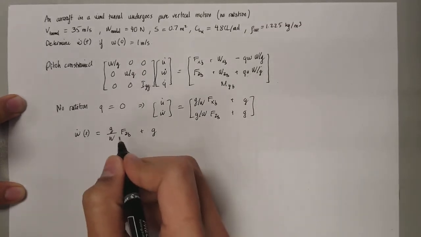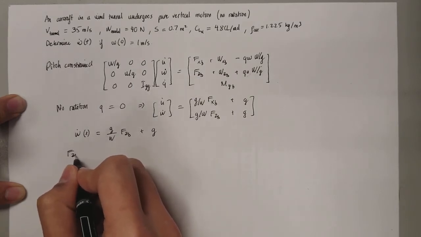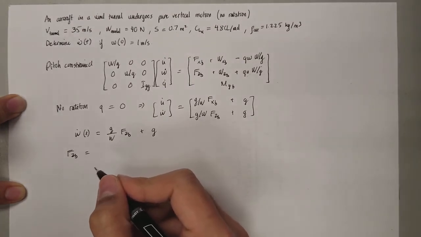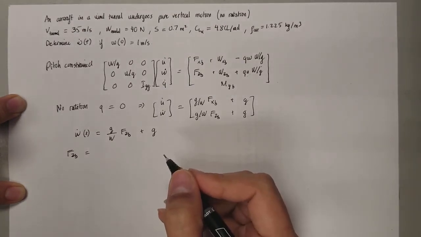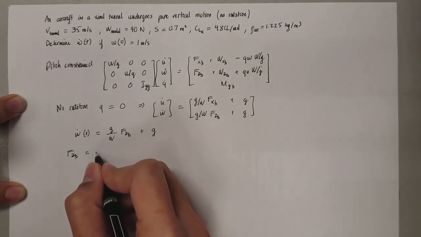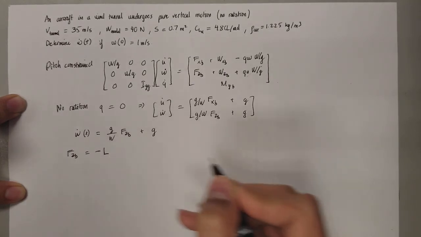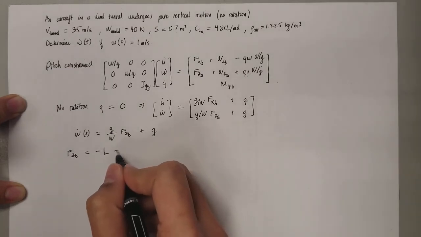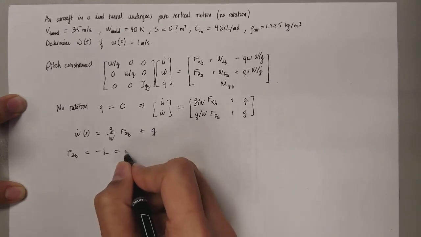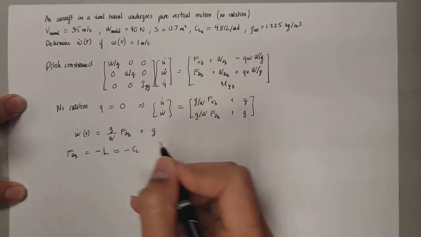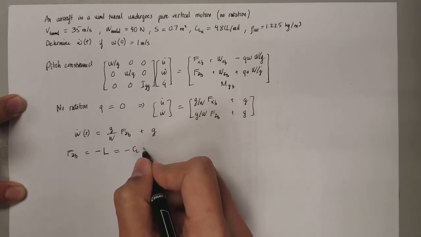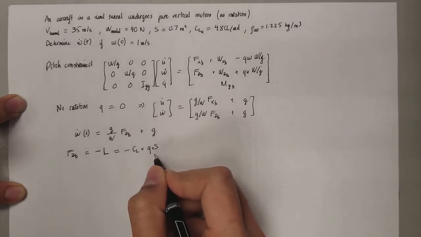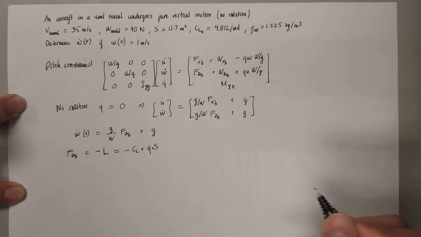And for that term Fzb, in an aircraft that only experiences vertical motion, Fzb is going to be equal to the negative of the lift force acting on that model. The negative lift is equal to the lift formula, just CL times qS, where q is the dynamic pressure inside the tunnel.